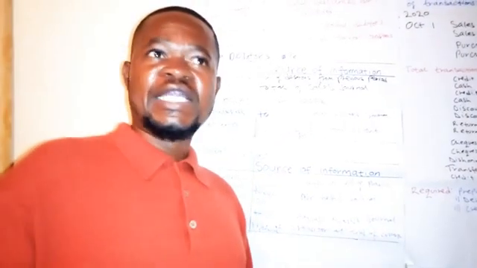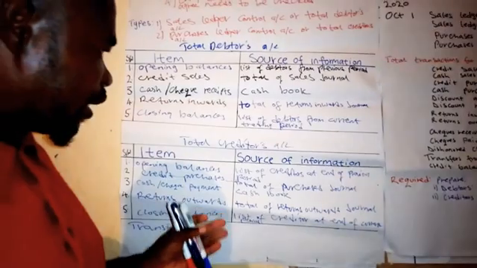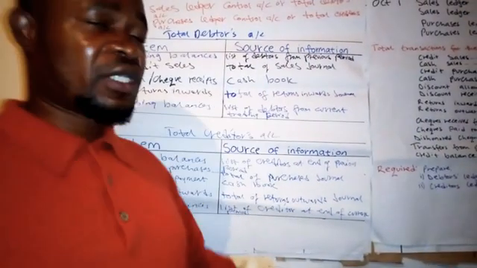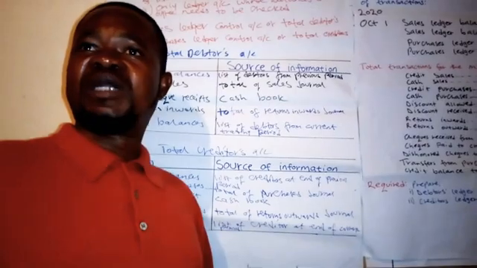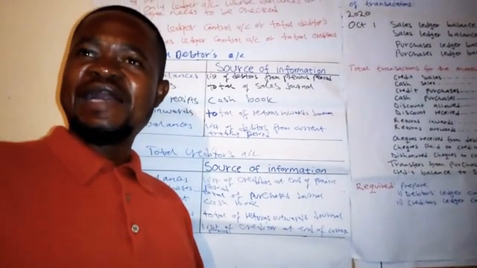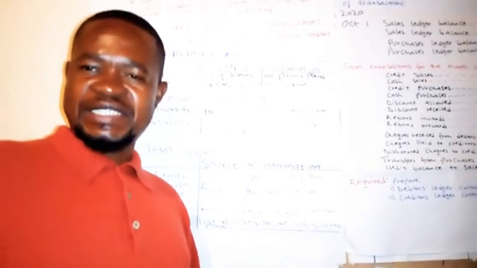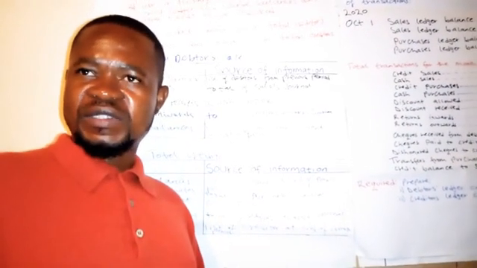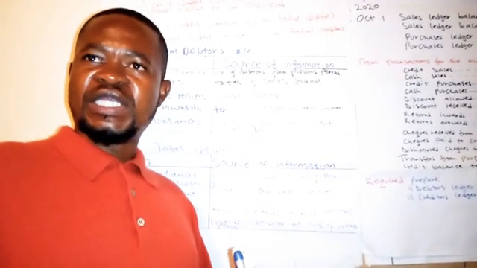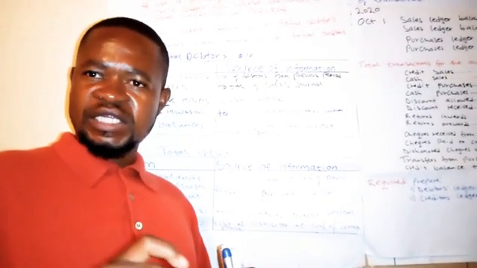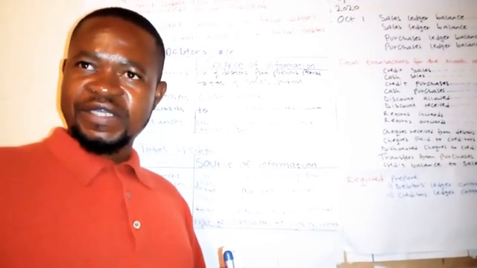Then the other item that should be of concern when you are given a question of this nature is having balances on both sides. When you are given a question, they will indicate that this balance should be on the debit side and this other balance on the credit side.